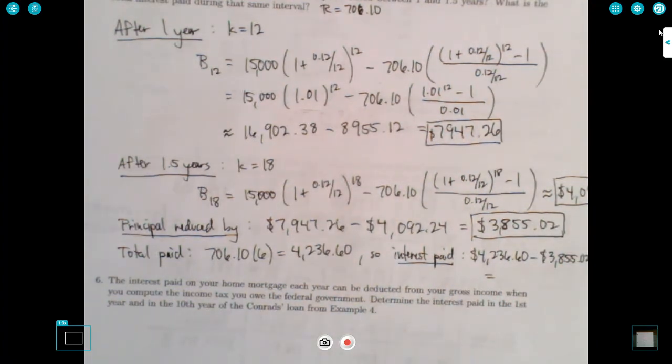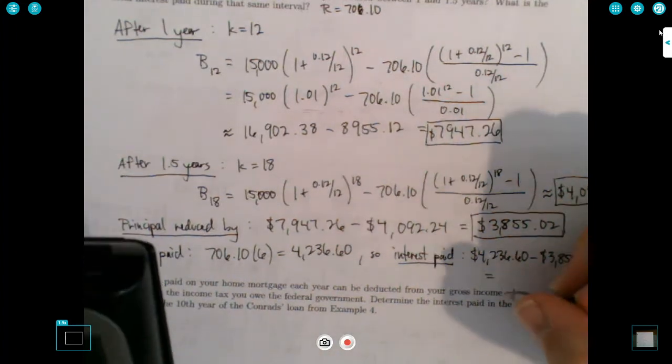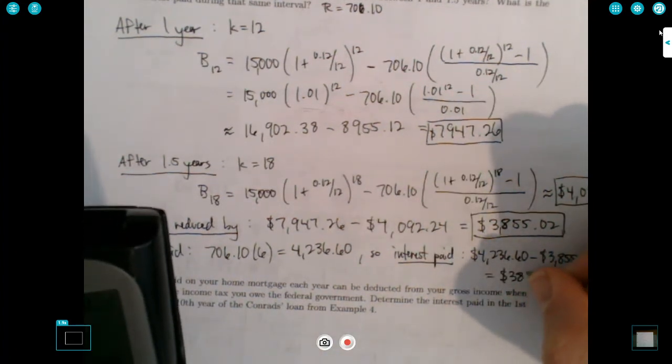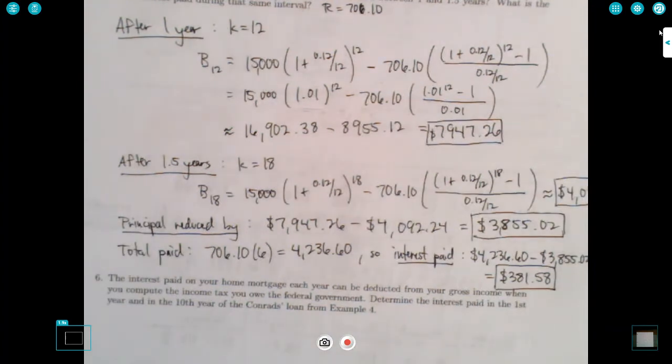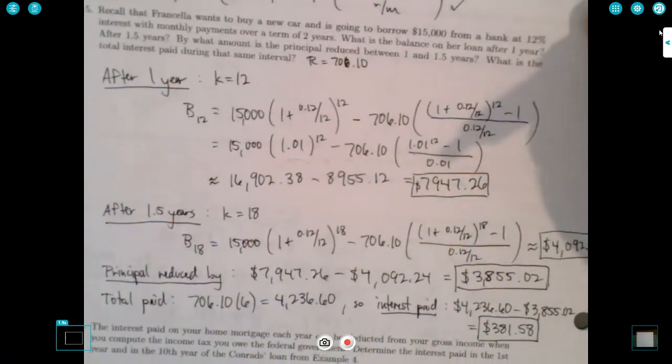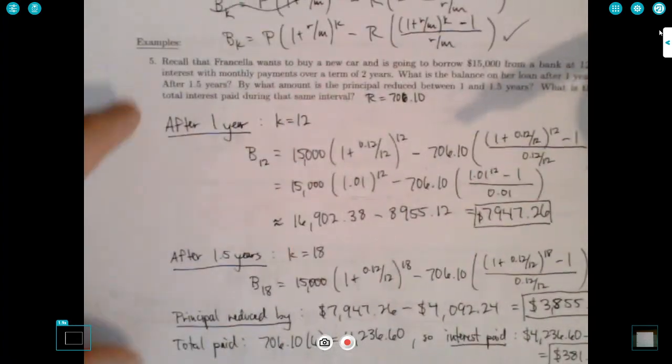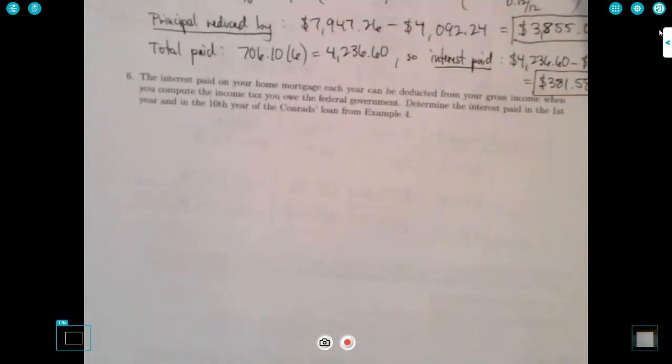And that comes out to $4,236.60 minus $3,855.02. So that's $381.58. Okay. So that's the amount of interest that she paid over that 6-month period of time. Goodness gracious, that was a lot of work. I definitely needed a full page to do that example.